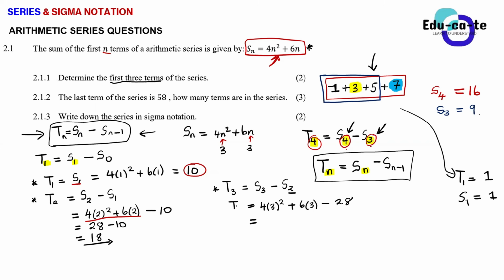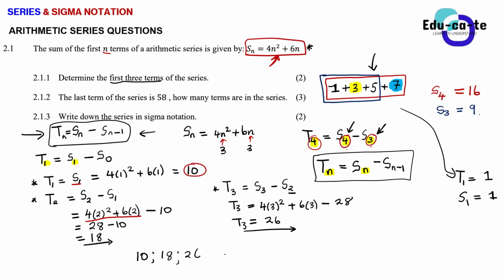Yes. So what is going to be my term 3 in that way? Just punch it all in the calculator. 26, sir. 26. So these are the first 3 terms. So we can say that our term 1 is 10, term 2 is 18, term 3 is 26.